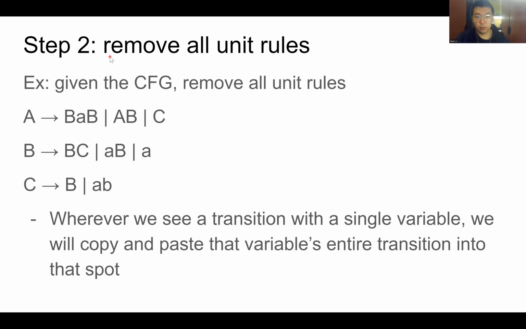Okay, so for the second step, we want to remove all the unit rules. Our CFG here is A generates BAB, AB, C; B generates BC, ABA; and C generates B and AB. Wherever we see a transition with a single variable, like A generates C and C generates B, we have to copy and paste the entire variable's transition to the end of it.